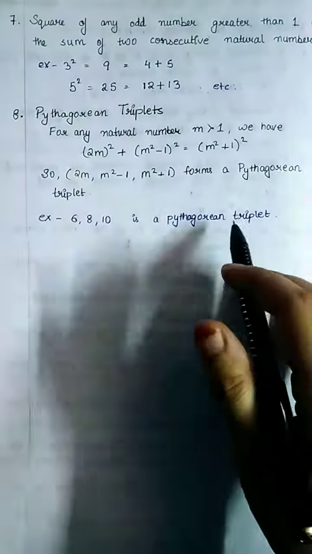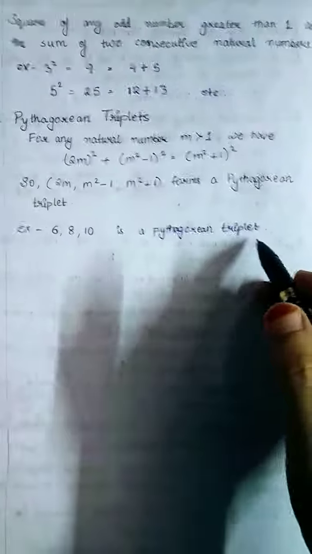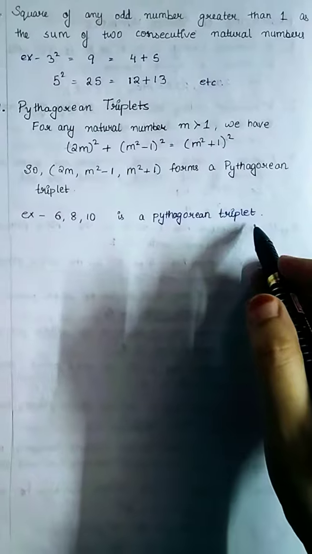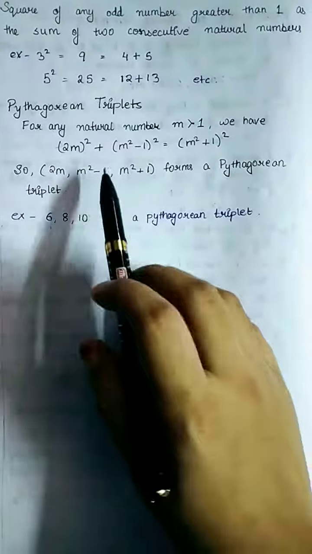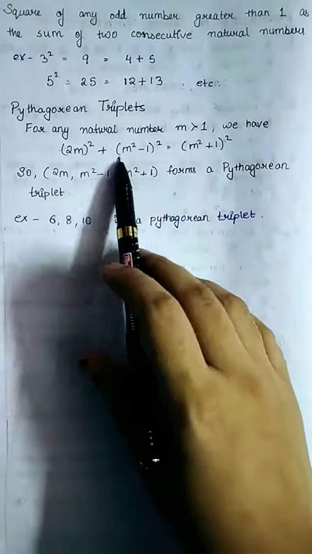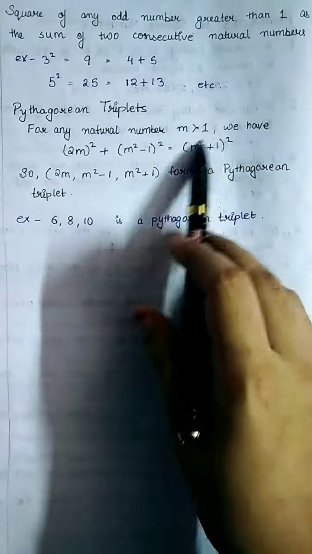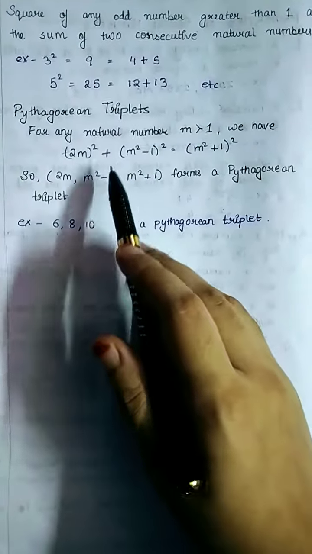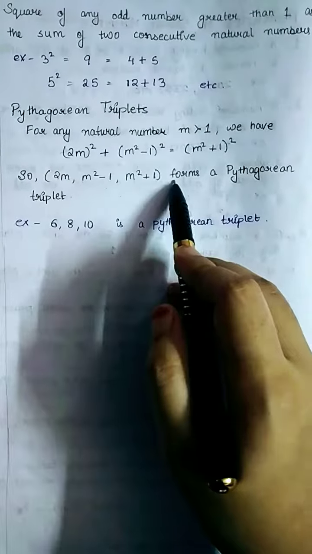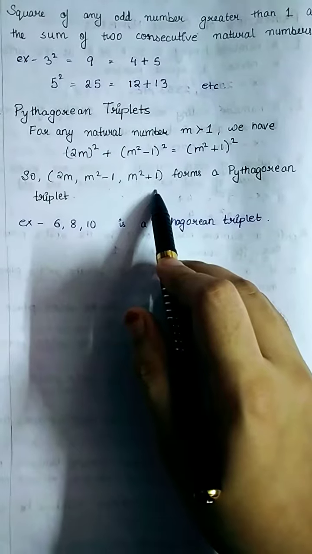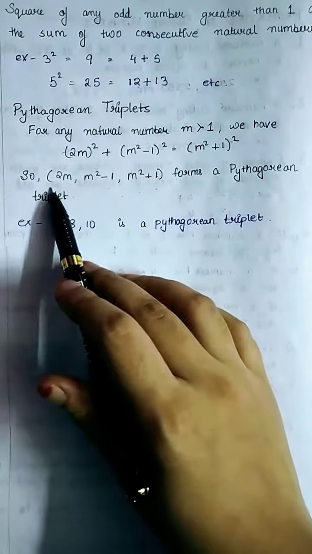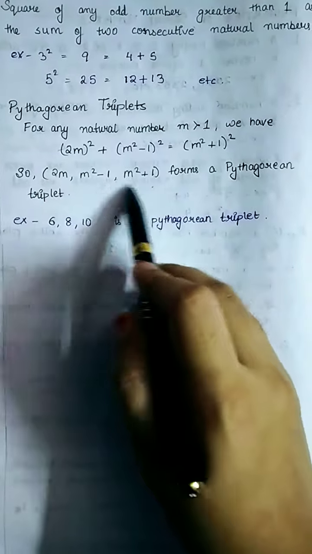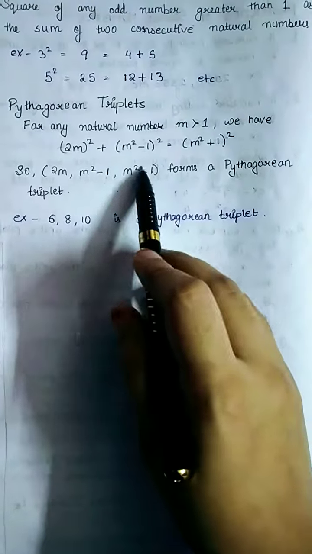Then comes the eighth property. Here there is the Pythagorean triplet. What is a Pythagorean triplet? When you square the two smaller numbers and add them, you get the square of the third one. We write these three numbers as 2m, m squared minus 1, m squared plus 1. When you add the squares of the first two, you get the square of the greater one.